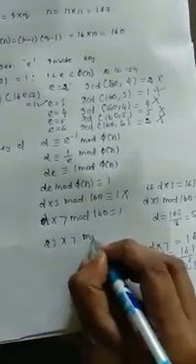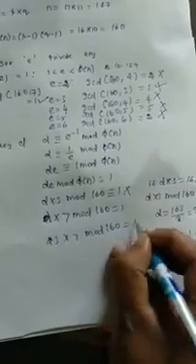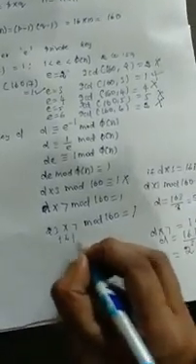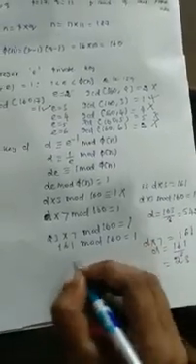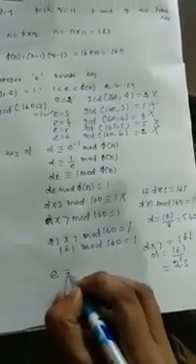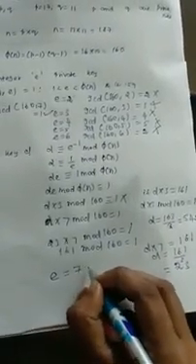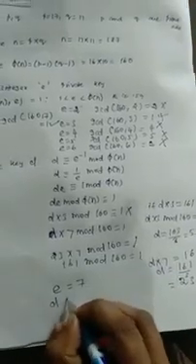So 23 into 7 mod 160 equal to 1, because 161 mod 160 equal to 1. So now we have derived the public key E equal to 7 and the private key D equal to 23. So now we have derived the two key values.